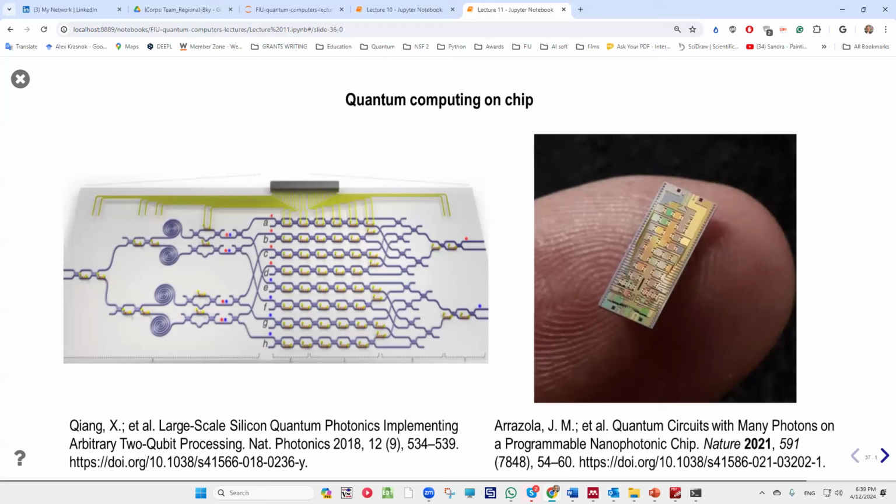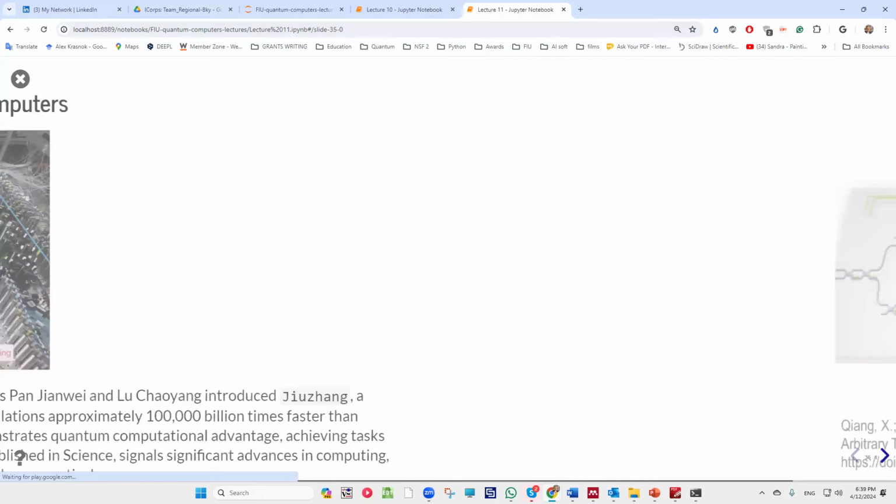And of course, on top of that, we always strive to make the photonic elements more compact. So putting everything on a chip, like shown on the right, was reported relatively recently, like 2-3 years ago.